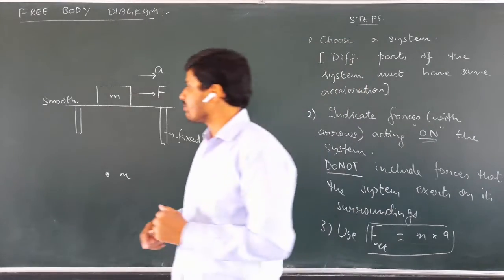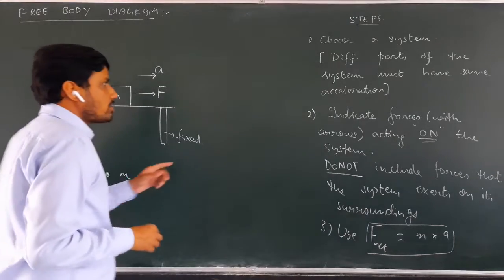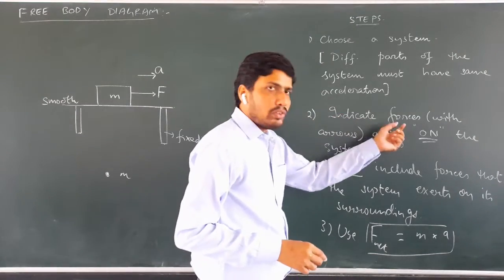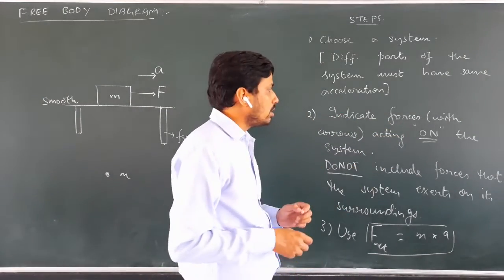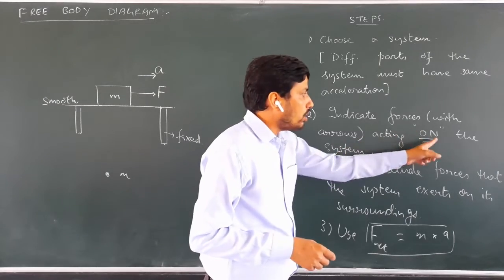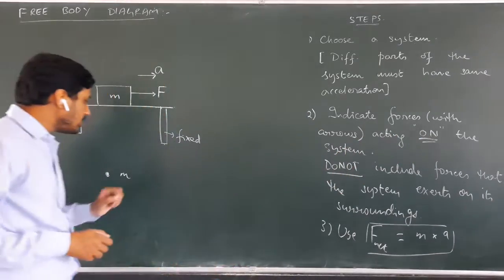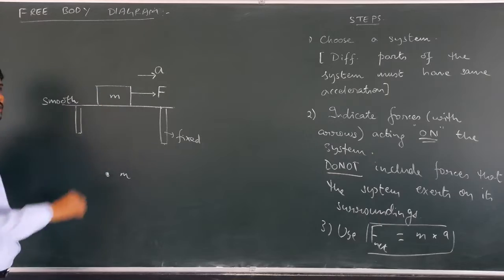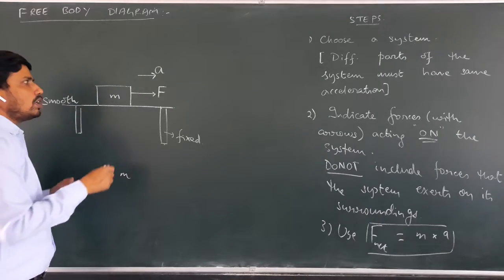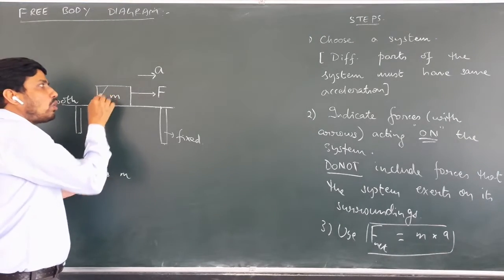It's important. Then the second step: indicate forces with the help of arrows acting on the system. What is my system? My system is this block. Then you think of the forces which are acting on this block.